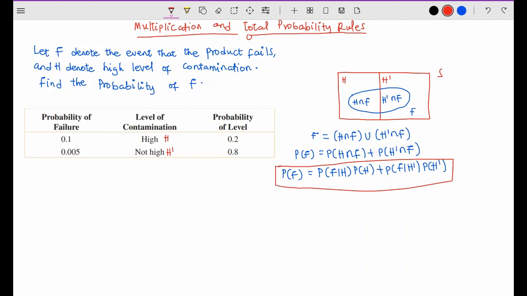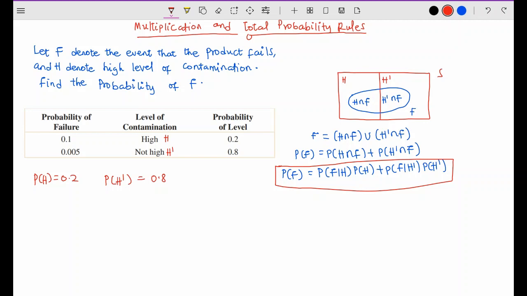From the table, we have the probability of level column here, and then the probability of failure column. From the probability of level, the probability of H, the probability of high contamination, is equal to 0.2, and the probability of not high, the probability of H prime, is equal to 0.8.